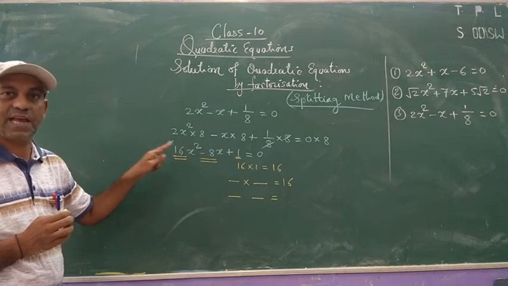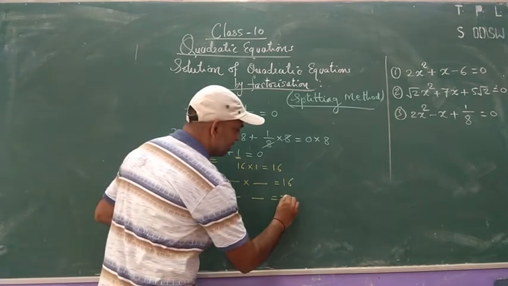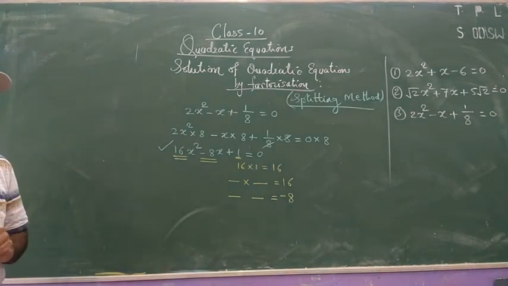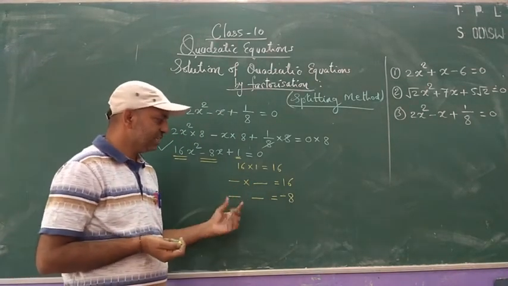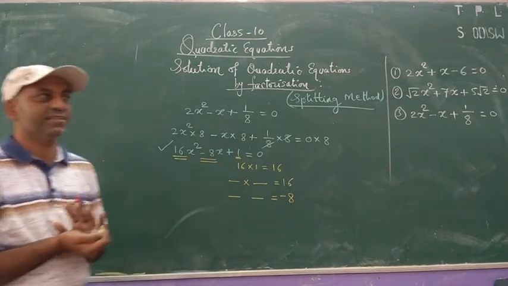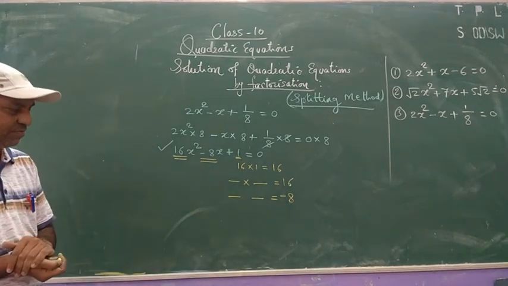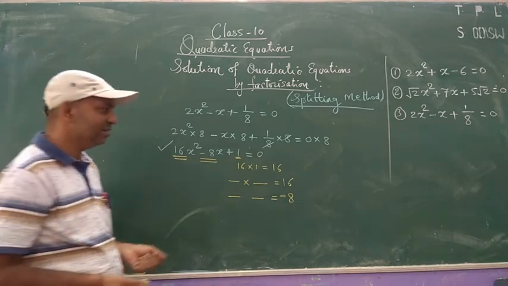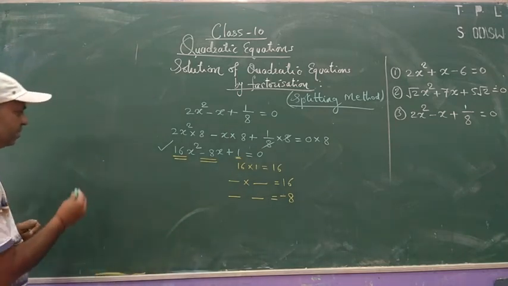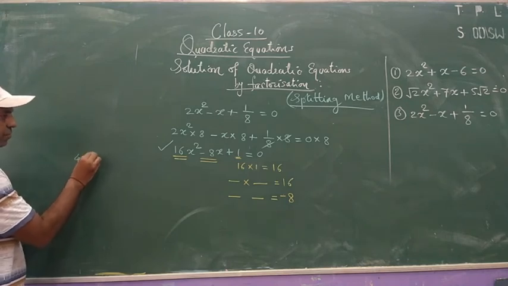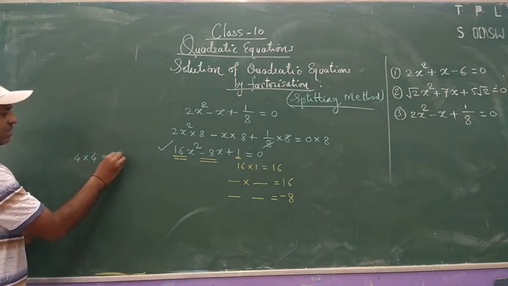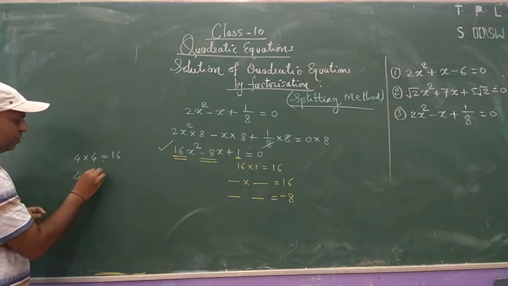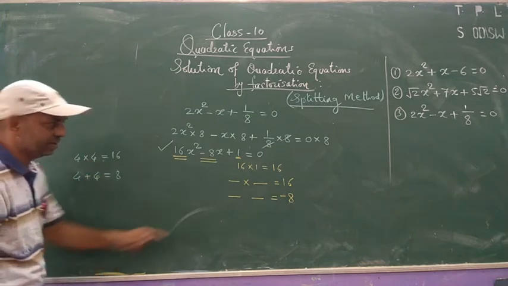Don't forget the sign. So minus 8. What are these numbers whose product is 16 and whose sum is minus 8? Can you guess? So these numbers are 4 into 4, that is 16.